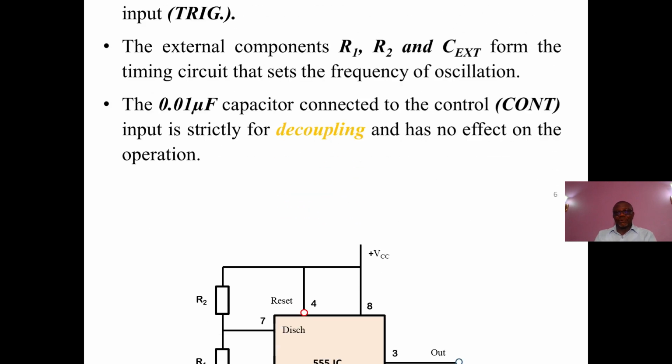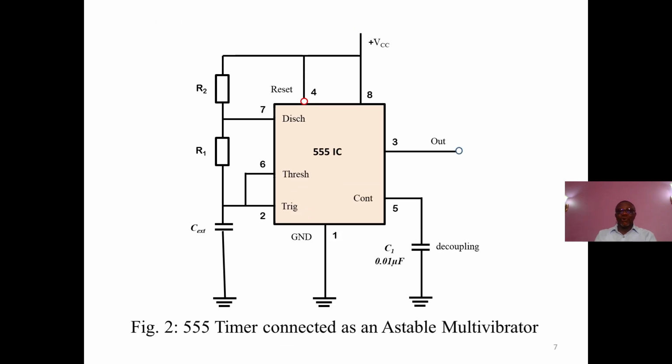By now, we assume that you know what decoupling means. When you connect a capacitor as a decoupling, it helps you to remove the unwanted signals, those ripples that may affect your system. It helps you to ground them. So you call it decoupling capacitors.